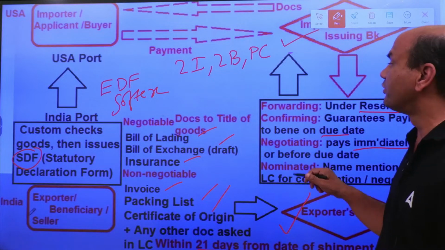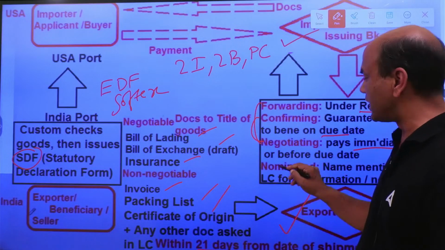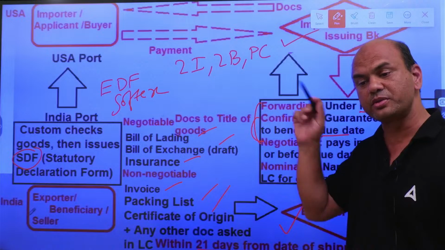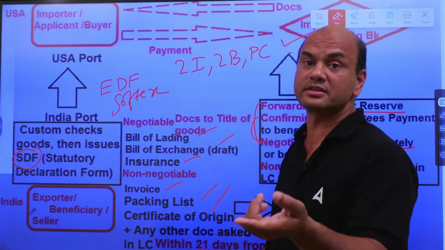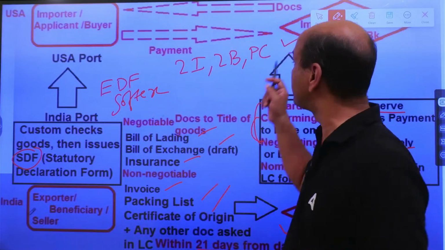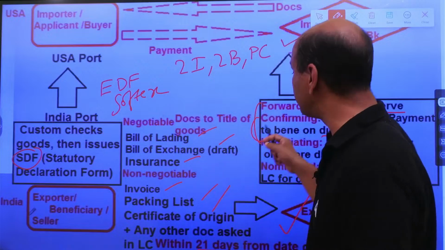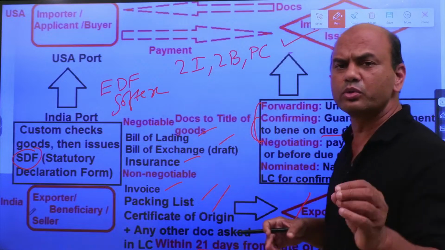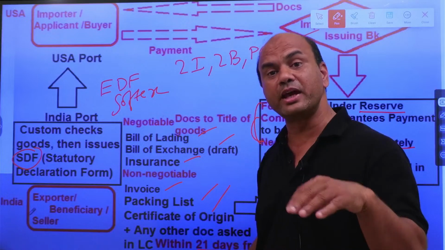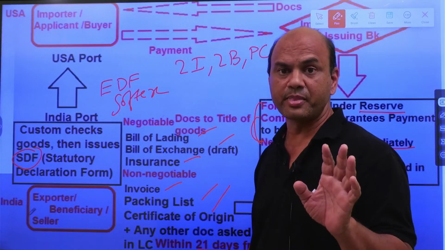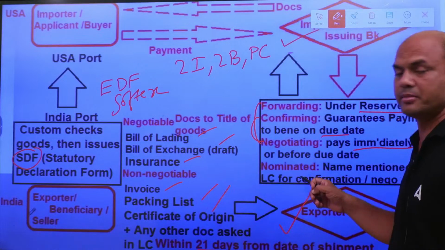Nominated bank means the bank's name is mentioned in the LC by the issuing bank while preparing it, as in the first Wednesday lecture. If the LC says do this confirmation through SBI only, or a particular PNB branch only, then it is called the nominated bank.